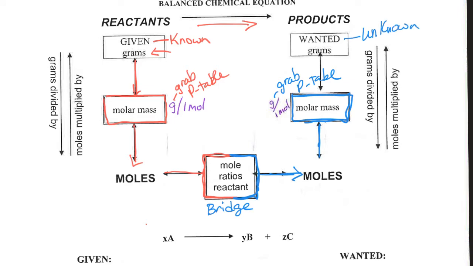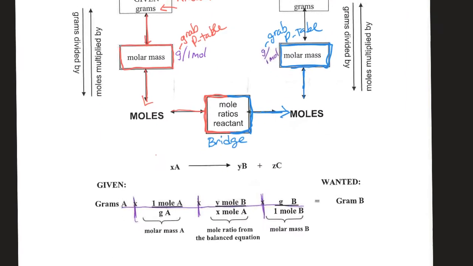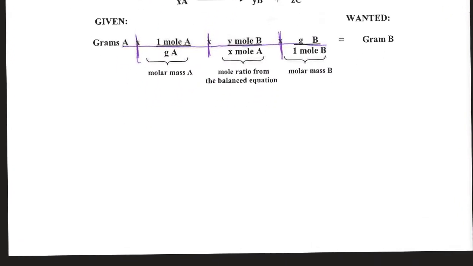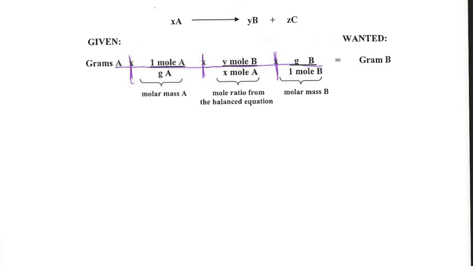So when we're looking at this, we've got 2 sides of the problem. We've got one side of the problem that is the known, and the other side of the problem that is the unknown. To look at it in a different way, here we've got a reaction. In this reaction, A is going to be our known. B is going to be our unknown.